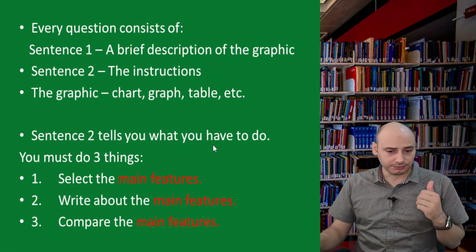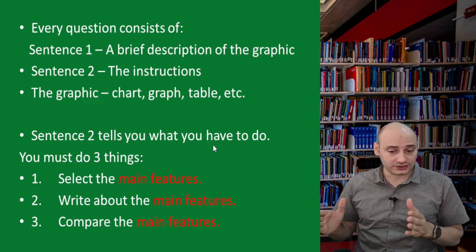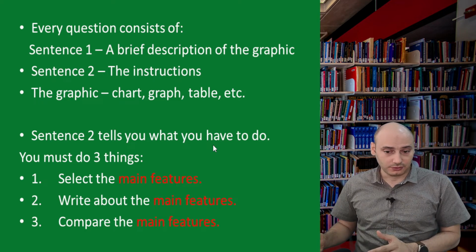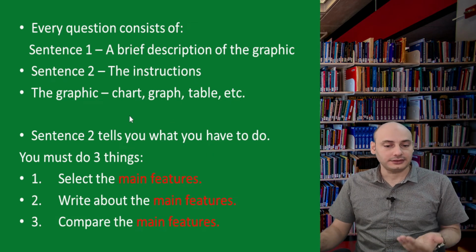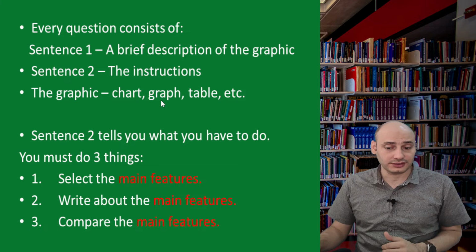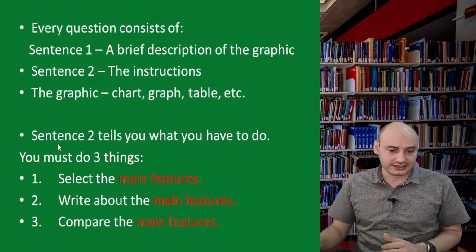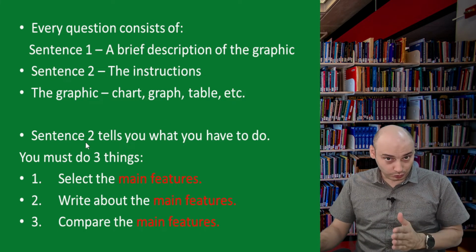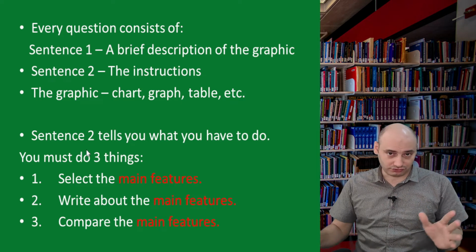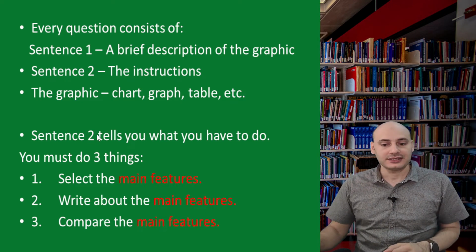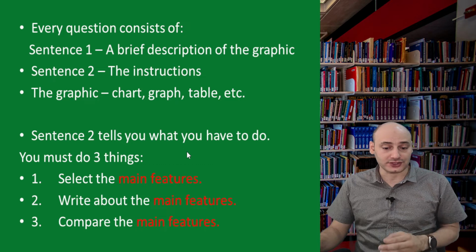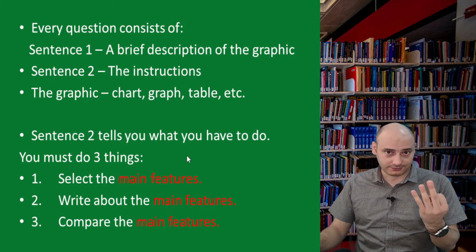And in step number two, you need to know the instructions. What is required? What do they tell you? And then it's written whether it's chart, graph, or table. In sentence two, in the question, we're talking about the question, not your introduction, it tells you what you have to do. You must do three things in the question.